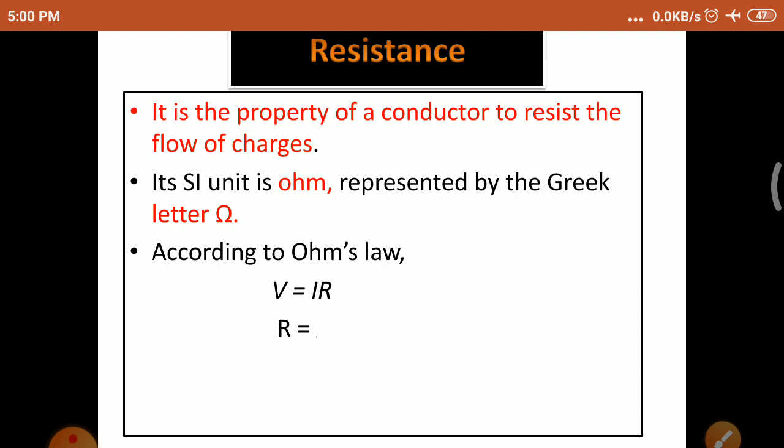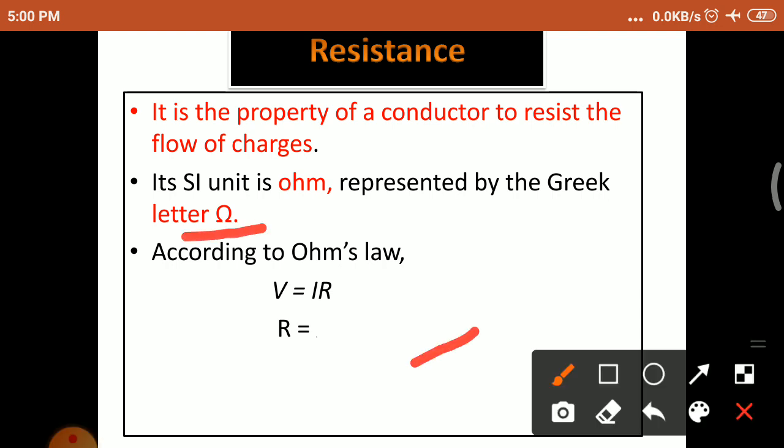And the resistance also has a unit, that is ohm, because this was discovered by George Simon Ohm. So the unit of resistance is ohm. It is represented by this letter.